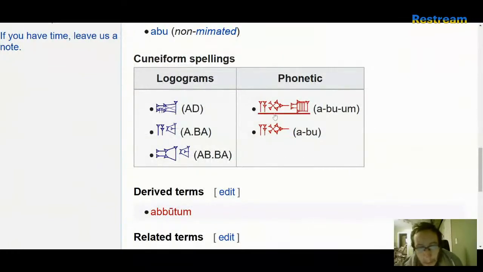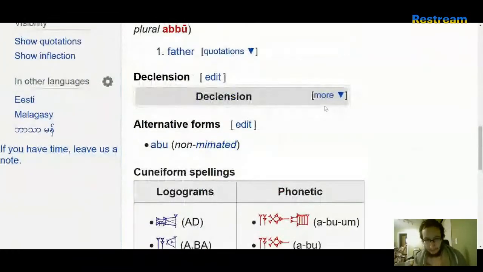And also, like I said, you can spell it with the pronunciation. So in this case, they're not having any regard for the meanings. Instead, they're just spelling it with the sounds. So this is a, this is bu, and this is um. Abuum is how you spell it.